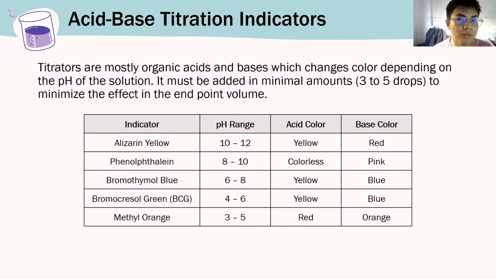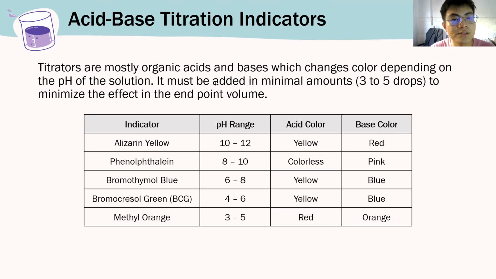Pero paano kung weak base, strong acid titration? Hindi pwede gamitin phenolphthalein. Rather, we use a different indicator for that. That's bromocresol green or methyl orange. So it depends kung anong type yung analyte mo sa type of indicator na pipiliin mo.